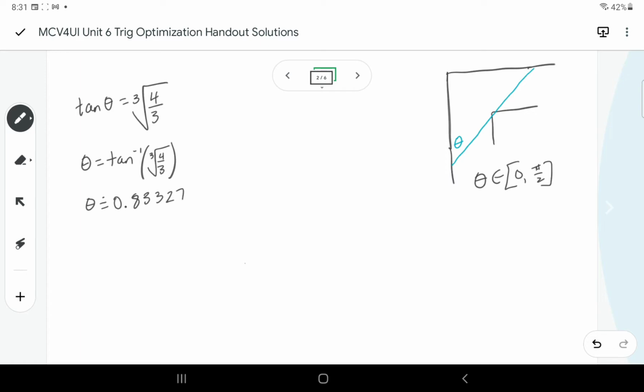So we would want to check what would be the length at each of these sections.